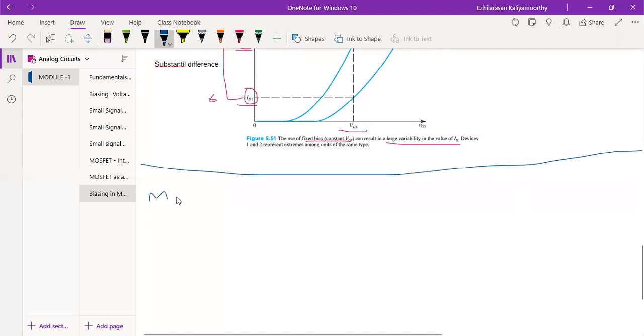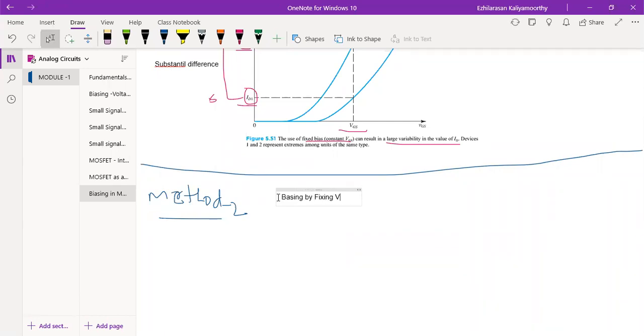Method 2, biasing 2, is biasing by fixing VG and connecting a resistance in the source. This is what we are going to do now.